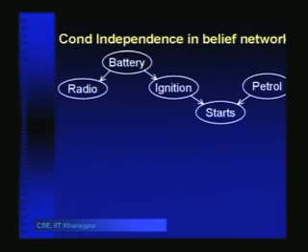But if the battery is down, then the radio will not work either. So if the radio is working, then it is increased evidence that the battery is fine. This is the set of events that we have, and the Bayes network structure is given here.